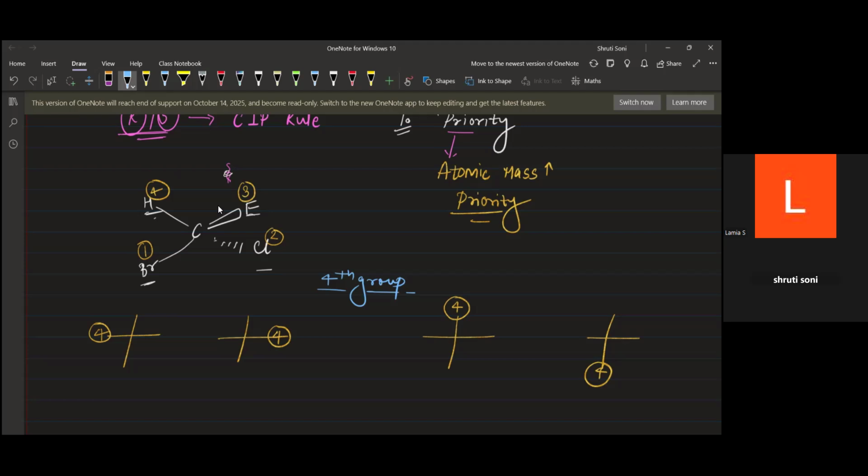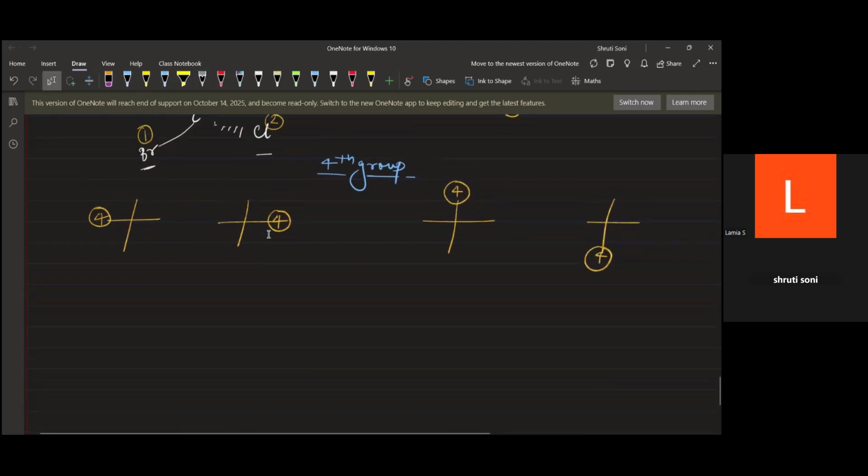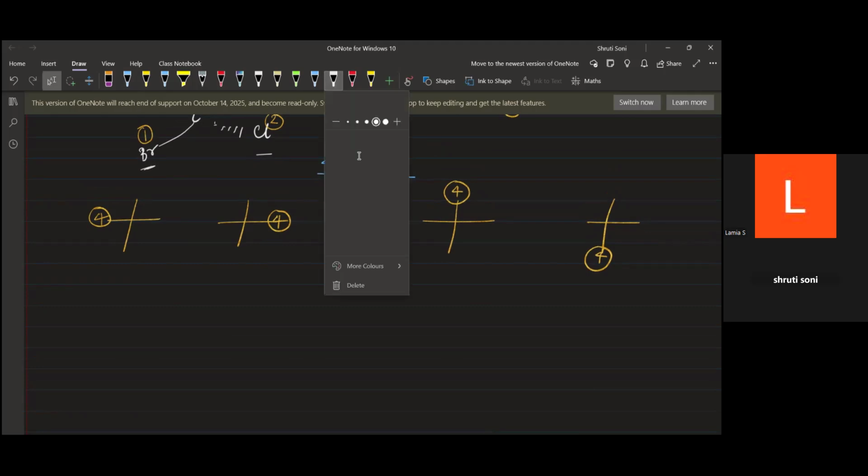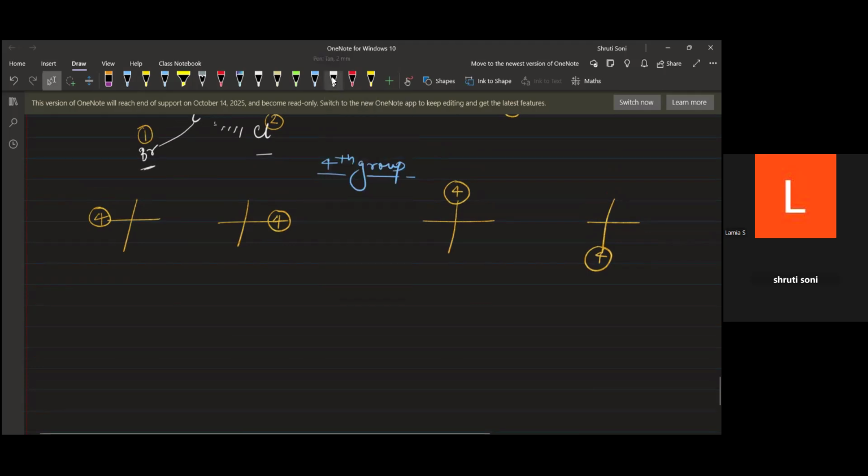If the fourth group comes in these two directions, the answer will be the same.